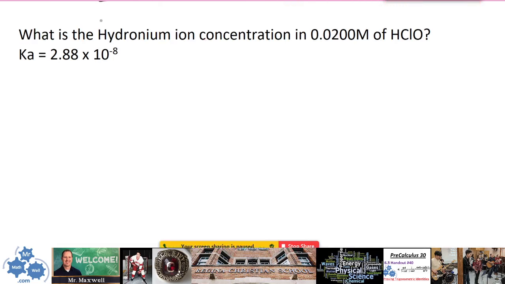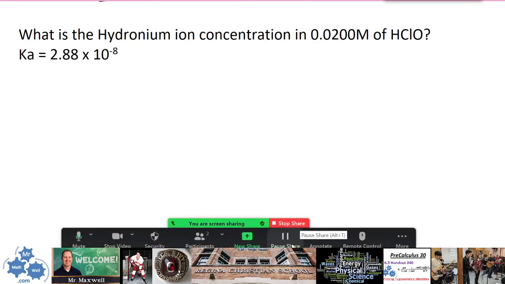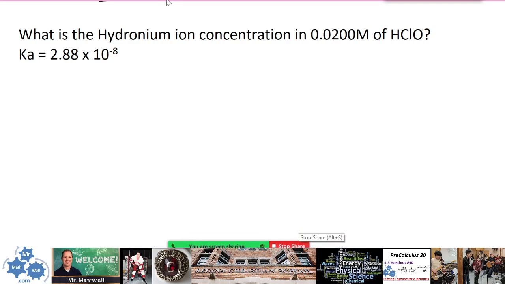Okay, so let's give this one a try here. So hydronium ion concentration. Sure you guys can see what I'm doing here. Hydronium ion concentration in 0.02 molar HClO. Okay, Ka 2.88 times 10 to the negative 8. Okay, so we have HClO. Now, hydronium ion and hydrogen ion are different.